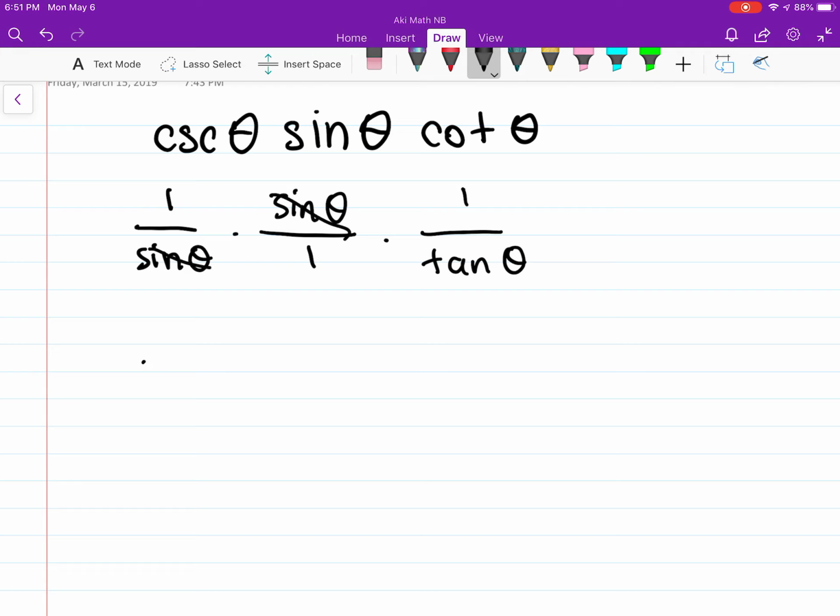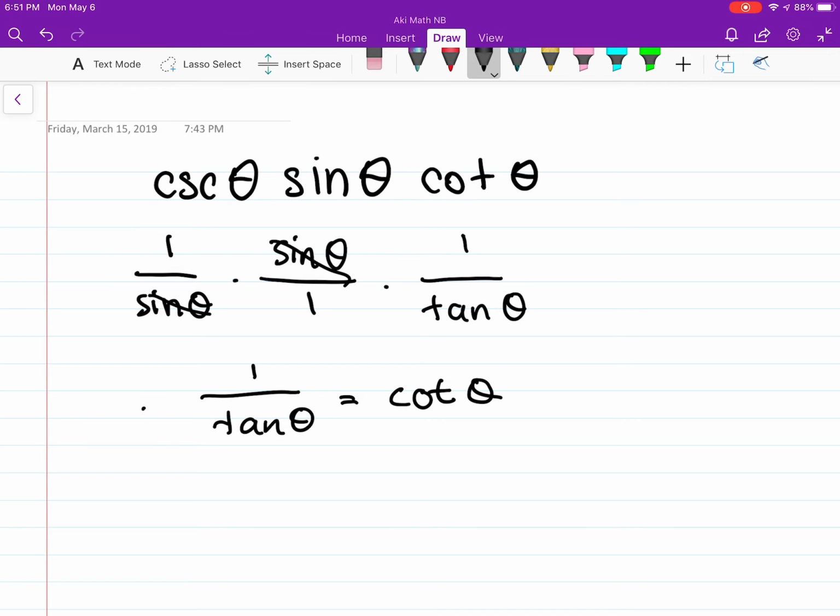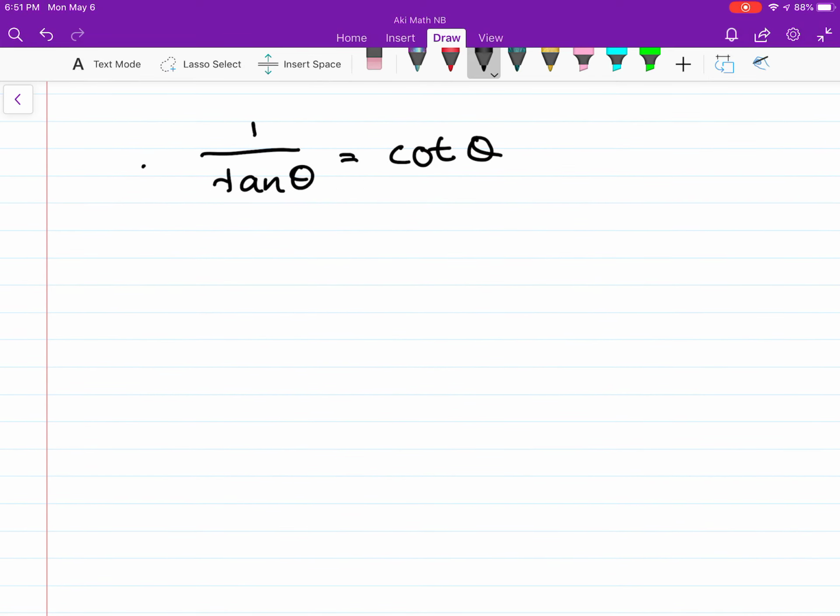Oh, here. So it's 1 over tan theta, which is cot theta. Right, and that was the goal for it to equal in the end. Okay, so let's do one more.